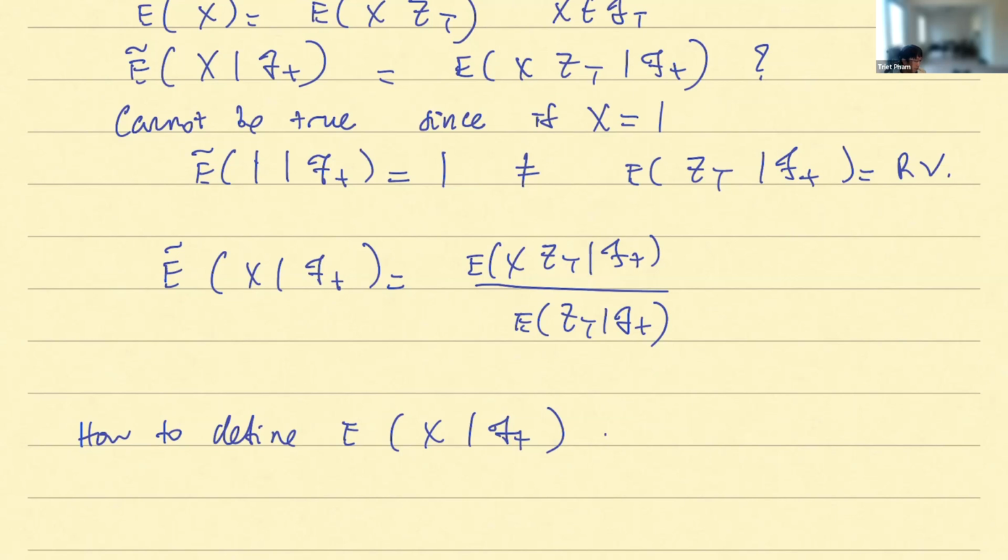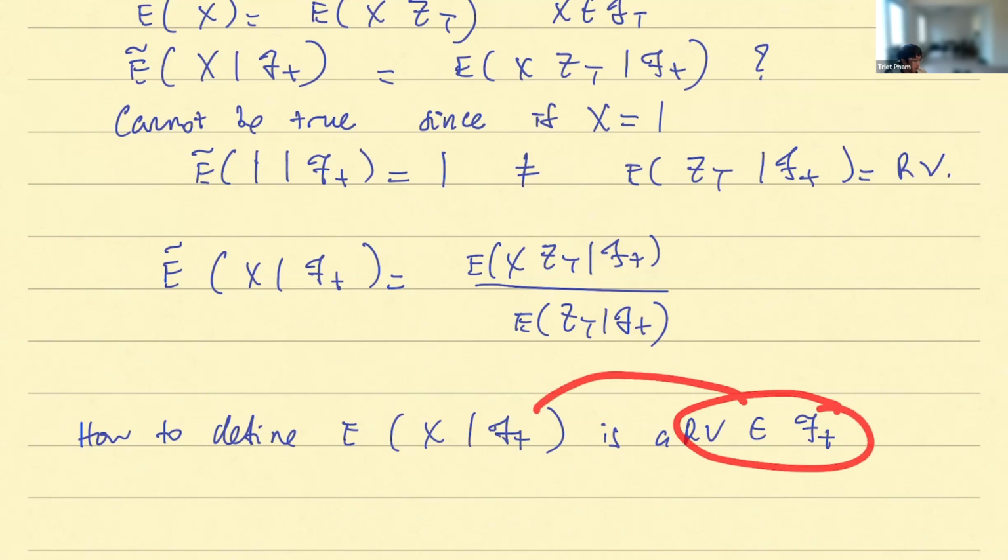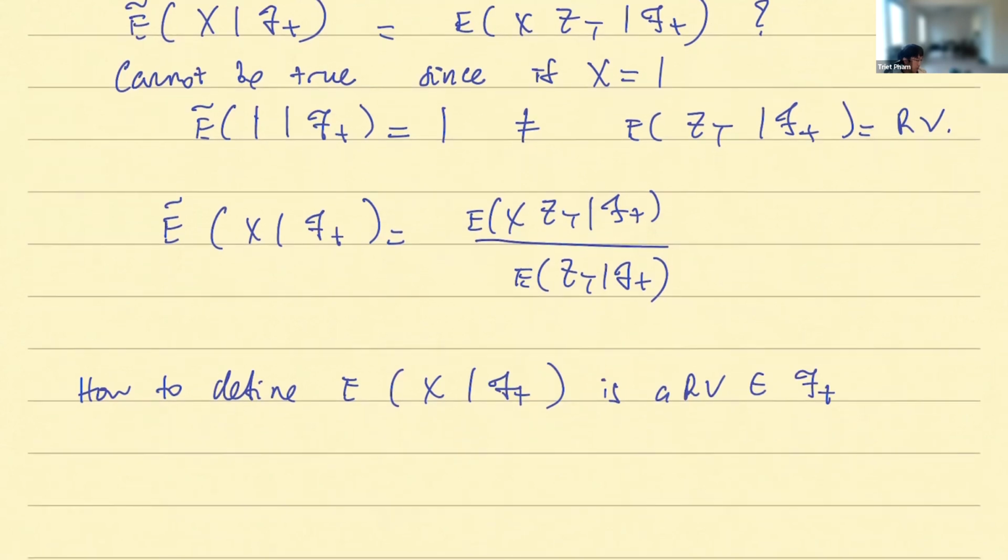Right. So first of all, it should be a random variable that is in the F little t sigma algebra. So it must be based on the sigma algebra, but that's not it, right? What else do we need? Let's give it a name because we will do something with it.